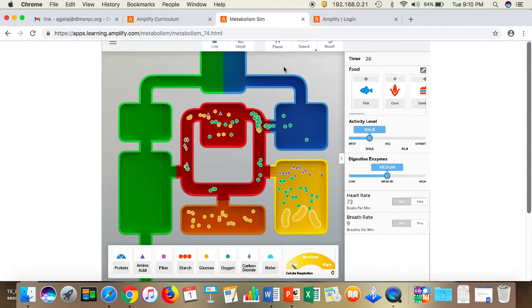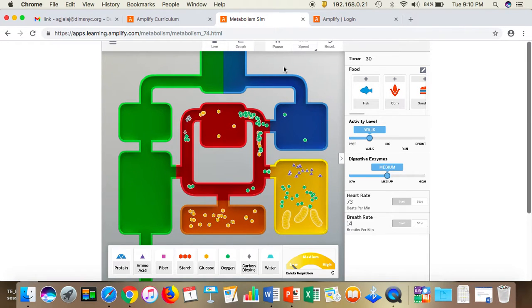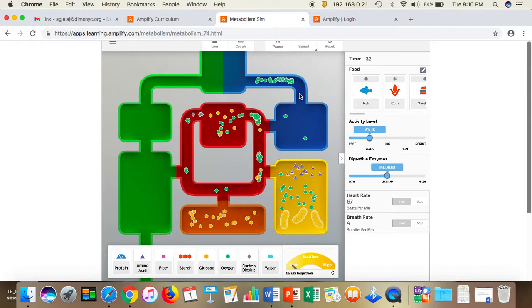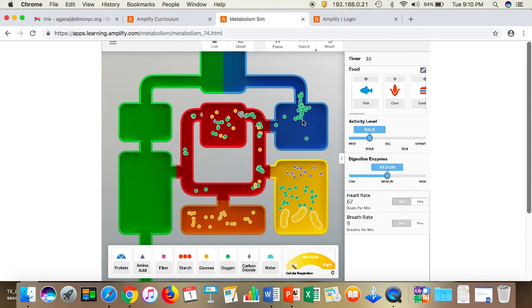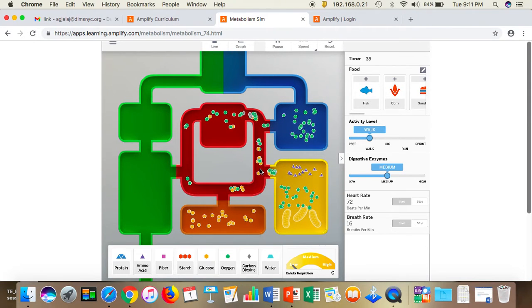All right, let's wait a little bit. Here we have more oxygen coming through the respiratory system. As oxygen comes in, it goes through your circulatory system, right?